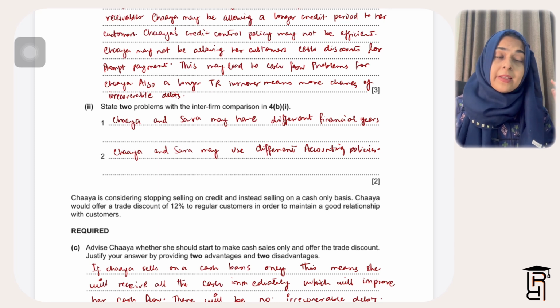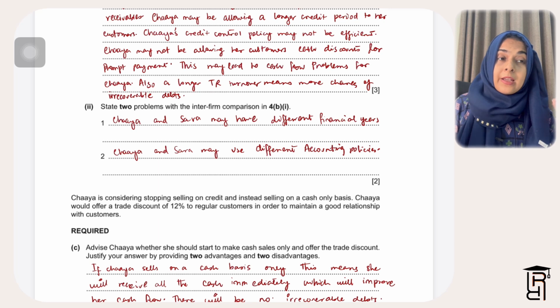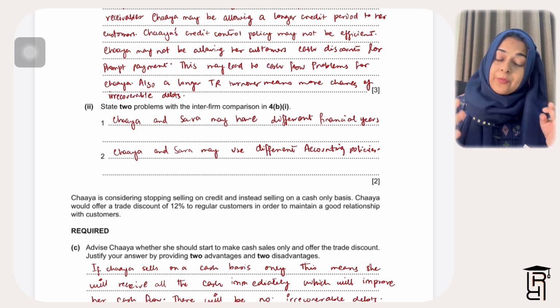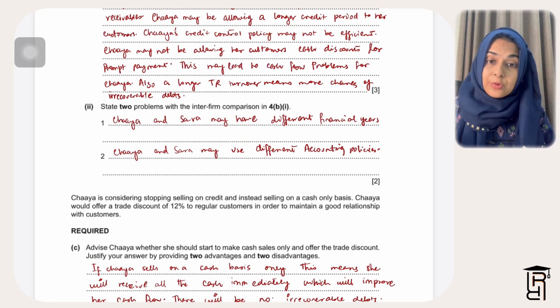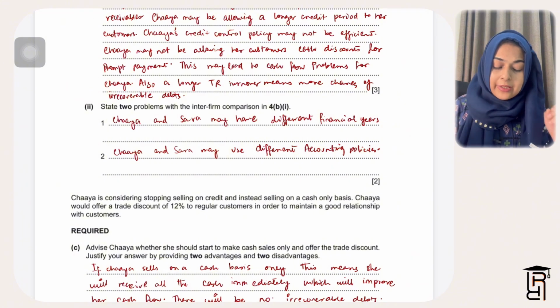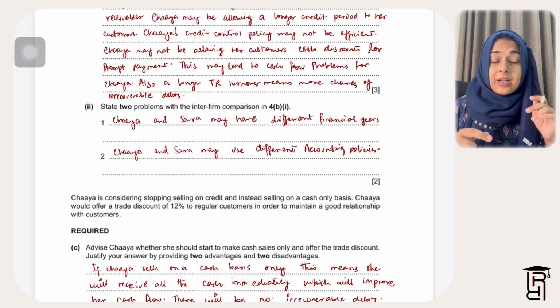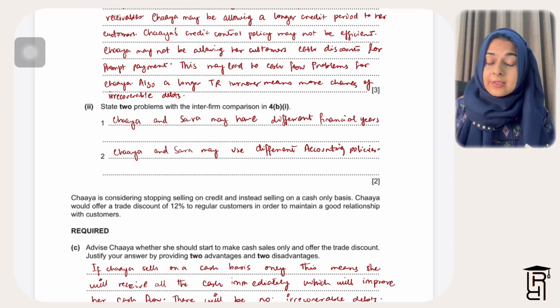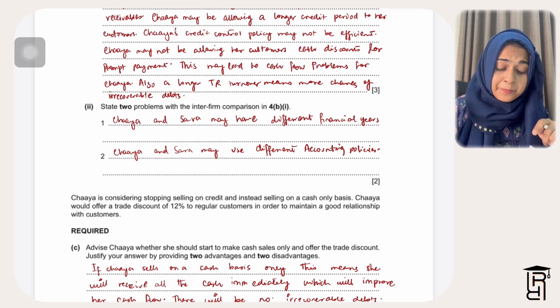Someone who has been in the market for a very long time has more know-how of the business as compared to someone who is newer. Also here I have written that Chaya and Sarah may have different financial years. So Sarah's accounting year end may be different.